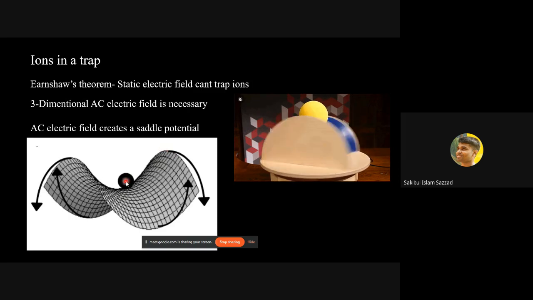Everything wants to get to a lower position, lower energy level, because everything is stable in a lower energy level actually. So basically that's the reason the three-dimensional electric field creates the rotation, I mean creates a dip in the energy landscape, and ions are very stable in there, because the ion can get a trap position in energy with a three-dimensional electric field.